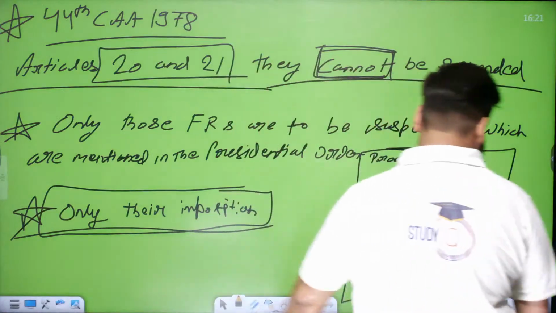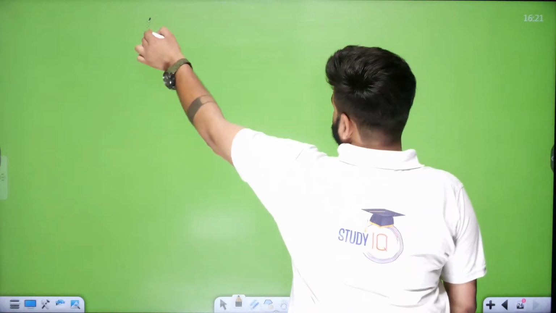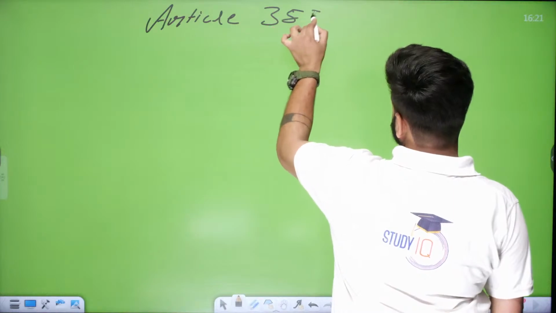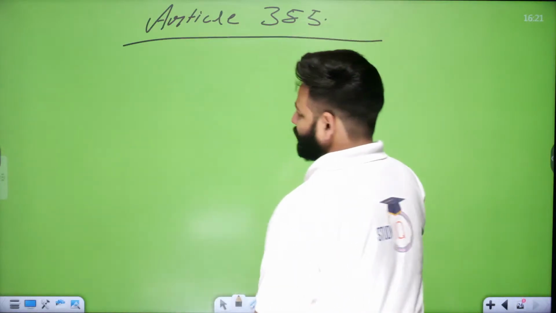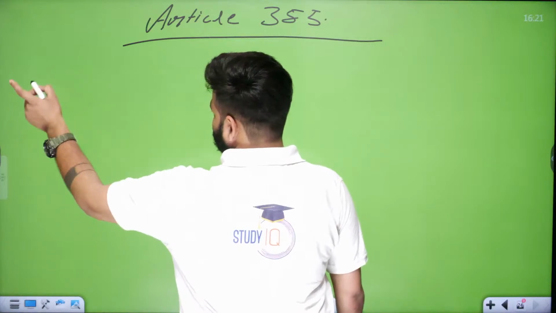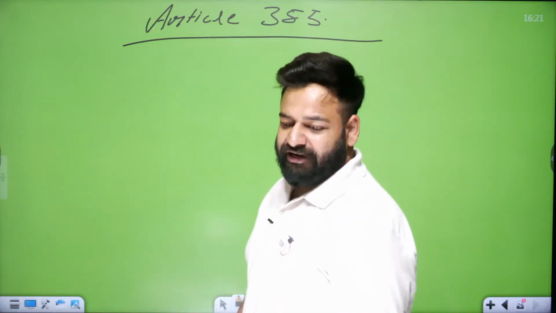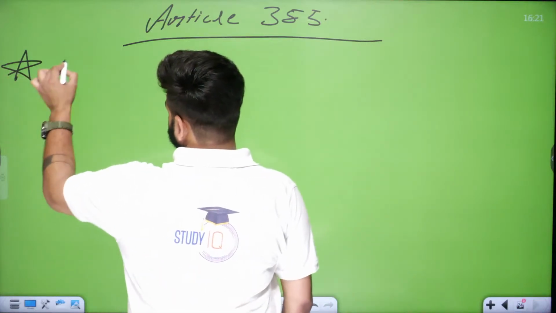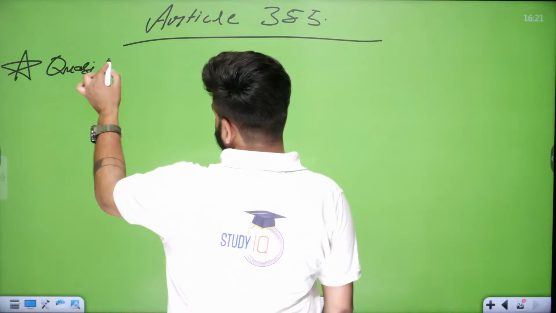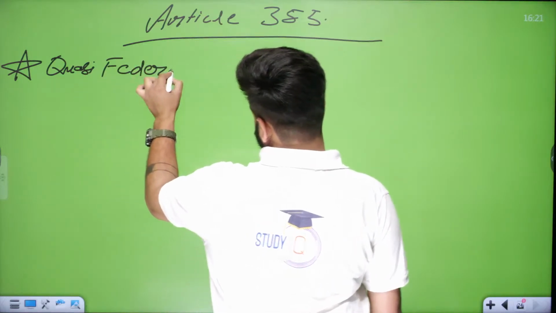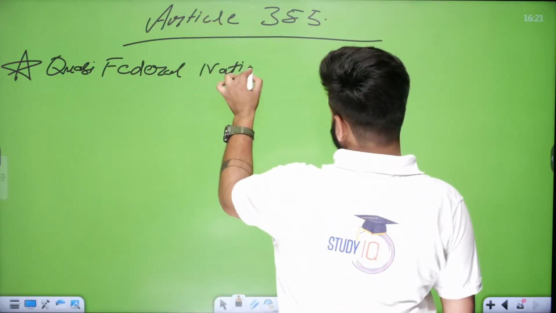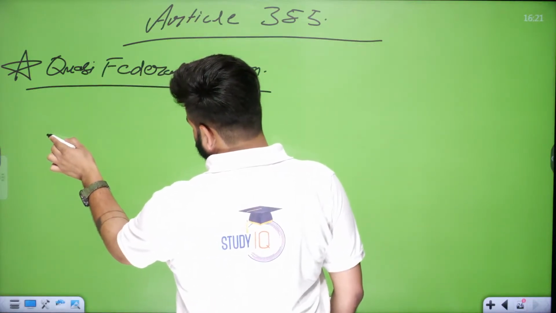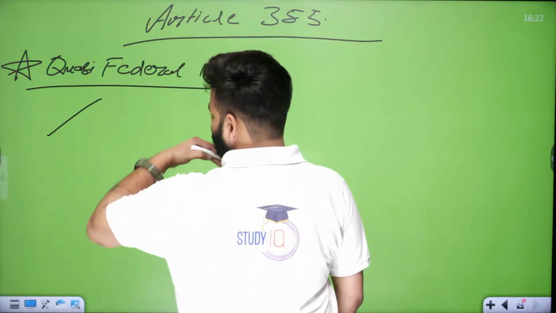So what is Article 355? As we know very well, in India, the scheme of federation, we are quasi-federal. We are a quasi-federal state, and the scheme of federation of India is represented geometrically like a tilted line, not a straight line.